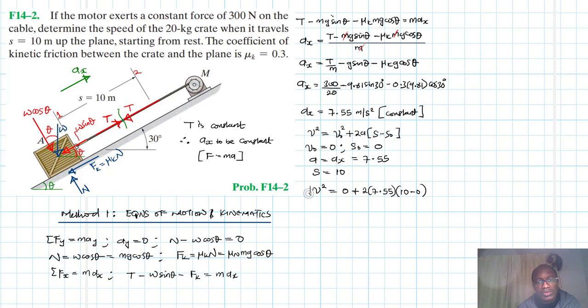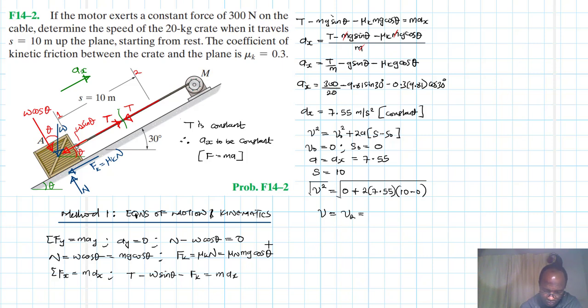Applying the square roots on both sides, we have our v, which is equal to the square root of 2 by 7.55 by 10.